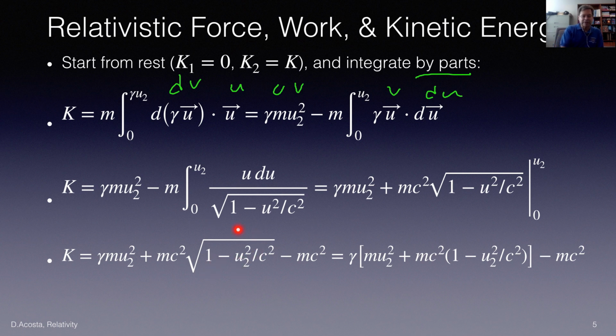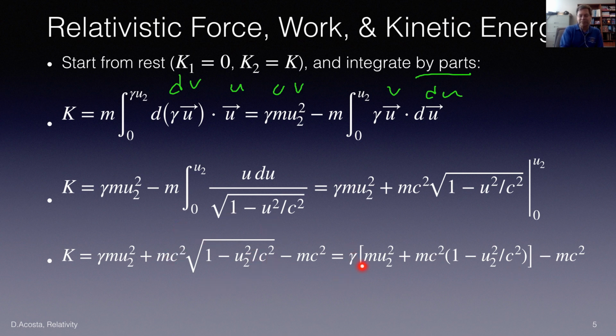This radical, square root of 1 minus u2 squared over c squared, is kind of like 1 over gamma. So if I pull out a factor gamma in front of all this expression, I would have to raise the power by 1/2. So this 1 minus u2 squared over c squared multiplied by gamma, which is dividing by the square root of 1 minus u2 squared over c squared, would leave me the square root of 1 minus u2 squared over c squared.